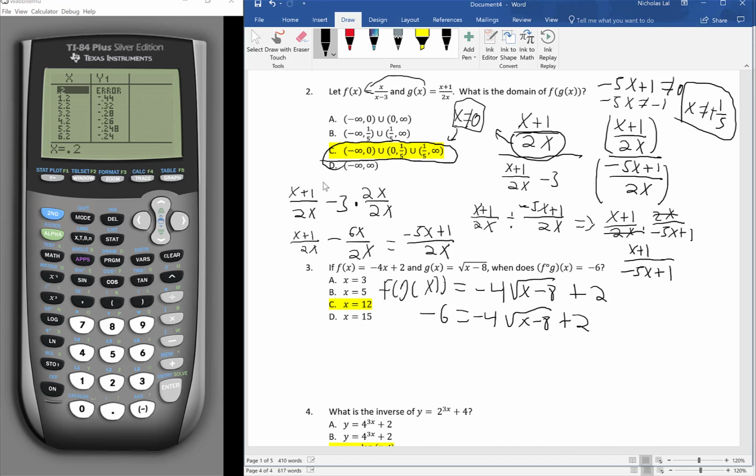So first step is to subtract 2. Negative 8 is equal to negative 4 times the square root of x minus 8. We're going to have to divide by negative 4. So negative 8 divided by negative 4, that's going to become positive 2. So 2 is equal to the square root of x minus 8.